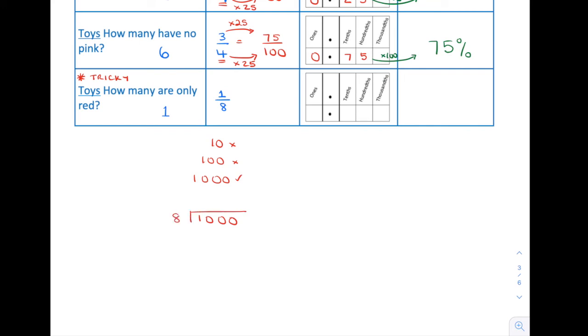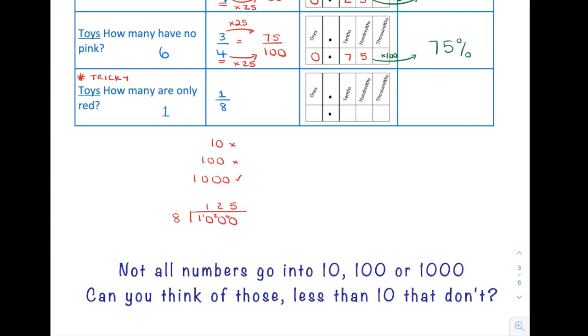1,000 in the bus stop, dividing by 8 outside, 8 into 1 doesn't go, carry the 1, 8 into 10 is 1, carry 2, 8 into 20 is twice, carry 4, 8 into 40 is 5. So 8 goes into 1,000 125 times. Here's another opportunity where you might want to pause the video and practice division using a bus stop.